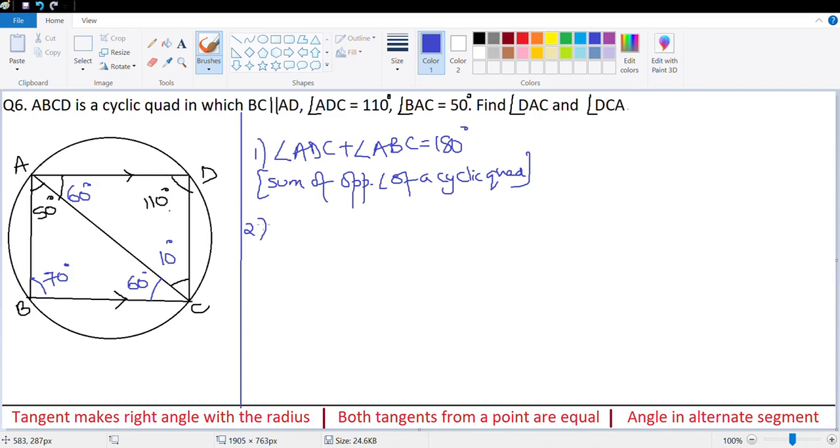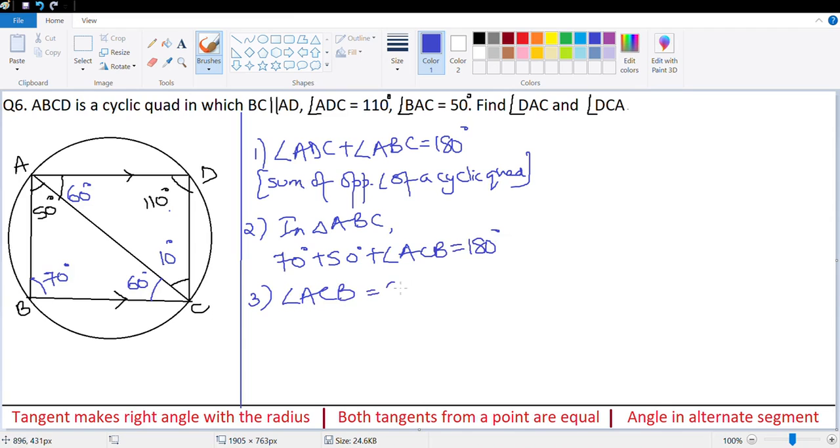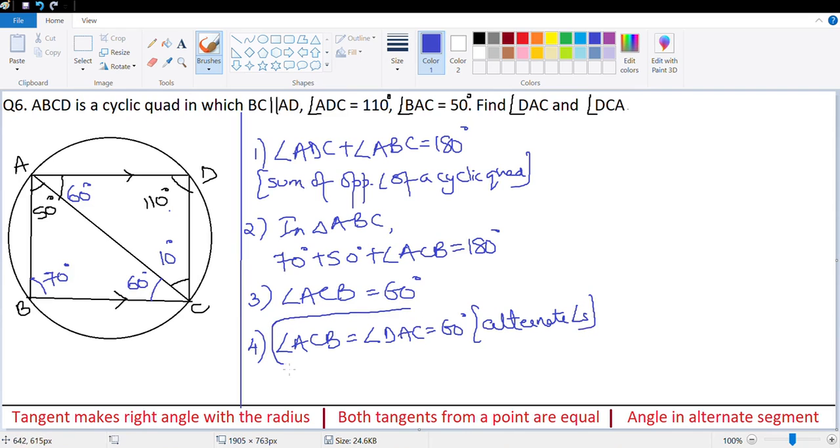So in triangle ABC, what we have is 70 degree plus 50 degree plus angle ACB is equal to 180 degree, which means angle ACB is equal to 60 degree. Number 4, angle ACB would be equal to angle DAC is equal to 60 degree. This is alternate angles are equal. So we've got our first part of the question.